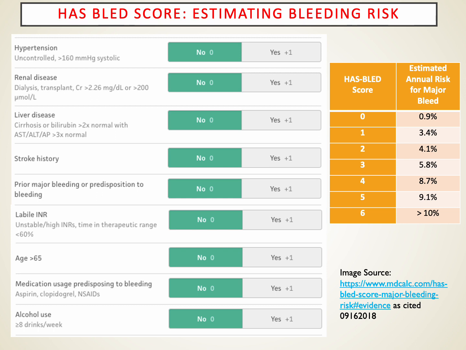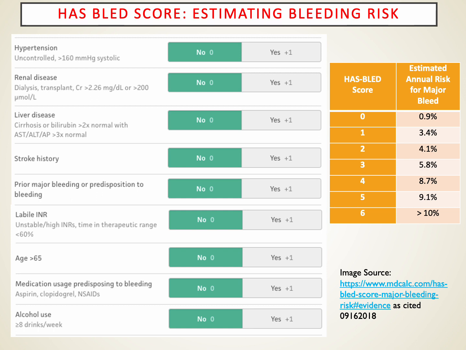And keep in mind that some of the very elements that are in the bleed score are also in the CHA2DS2-VASc score. So, you kind of think you're darned if you do and darned if you don't. But the issue in many cases is, with the exception maybe of an intracranial hemorrhage, many other bleeds can be managed, whereas a full-blown thromboembolic stroke is often a major morbidity event, sometimes a mortality event for patients who may not recover from that.